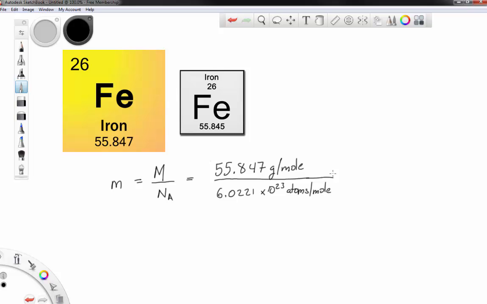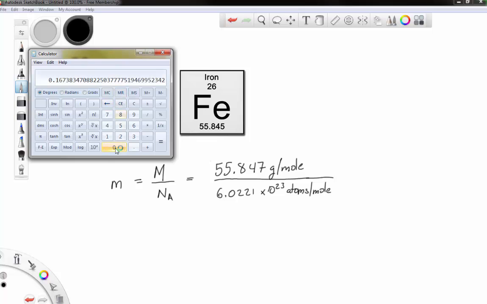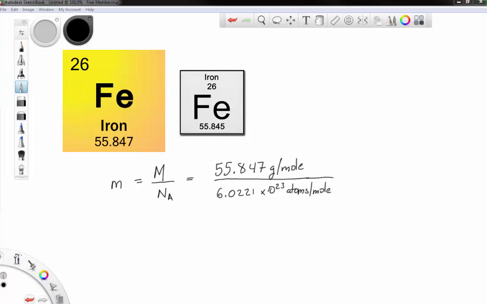Alright, so let's pull out our calculator and see what we see here. We have 55.847, and we're going to divide that by 6.0221. So 9.27367 times 10 to the minus 23.